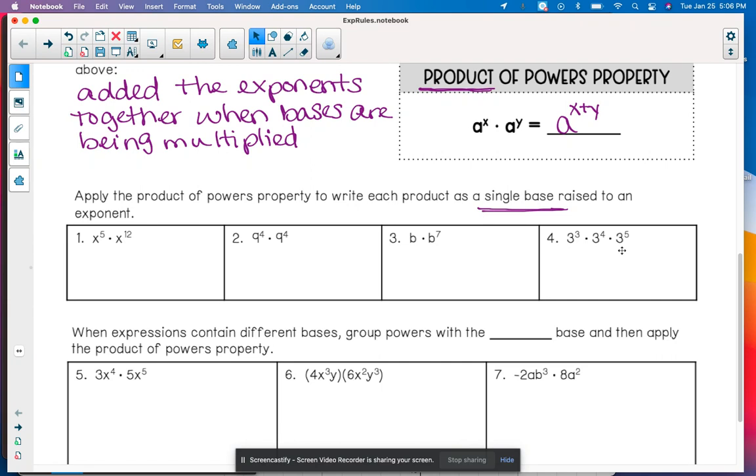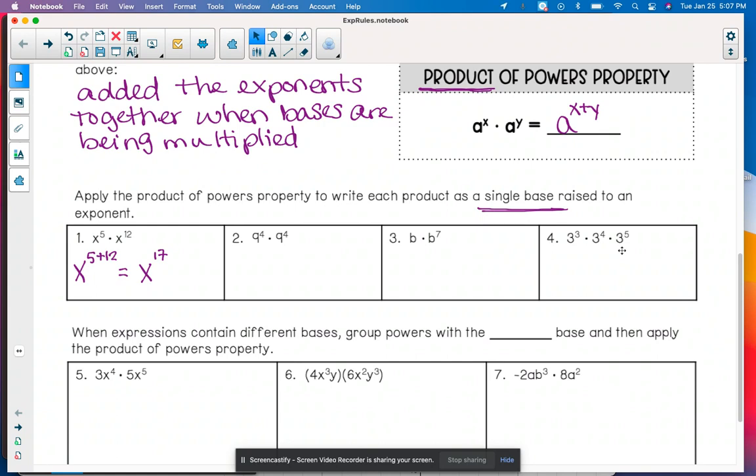So I'll write this out for the first couple ones, and then you don't necessarily have to do it the better you get at it. So x to the 5th times x to the 12th, we're going to add our exponents together, which is x to the 17.